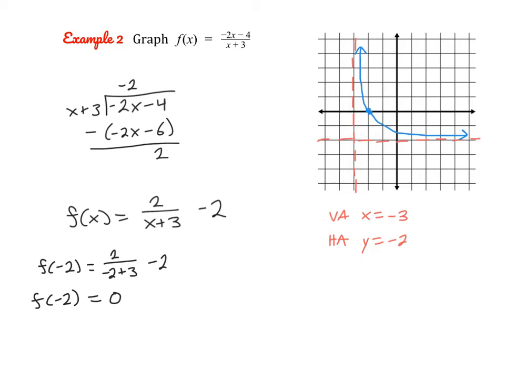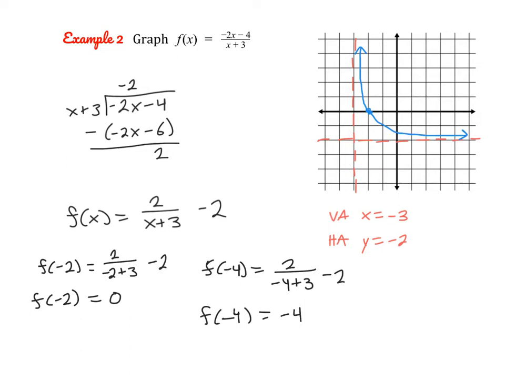And then let's pick a point to the left just to make sure. So maybe we'll do f of negative 4. So we have 2 over negative 4 plus 3 minus 2. So this becomes negative 2 minus 2, which is negative 4.